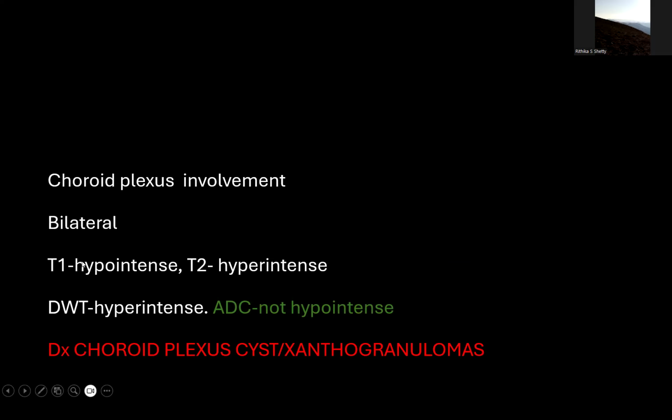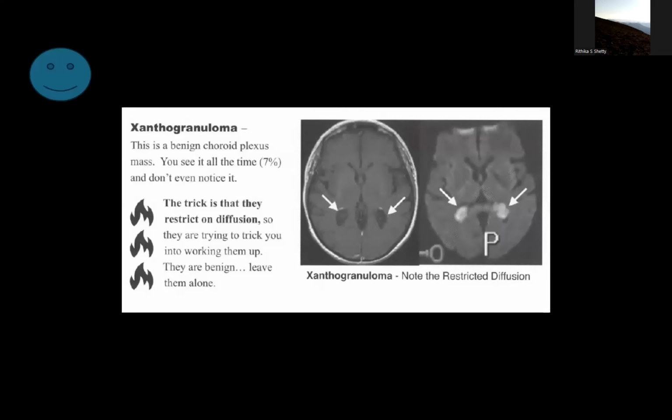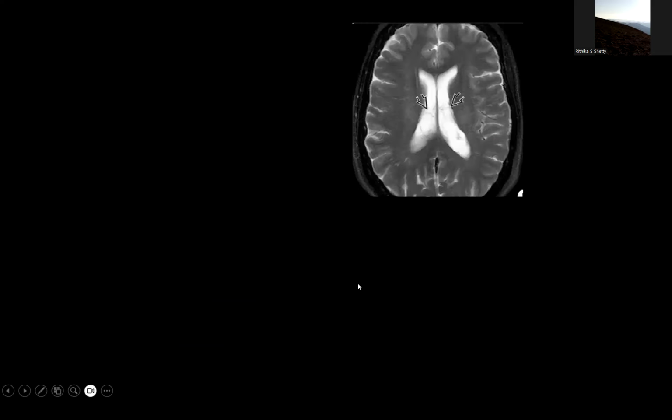Choroid plexus involvement will usually be bilateral. It is T1 hypo, T2 hyper, hyperintense on diffusion weighted image, and on ADC it is not hypointense. Whenever we see diffusion restriction in the choroid plexus region, we have to think of xanthogranuloma.